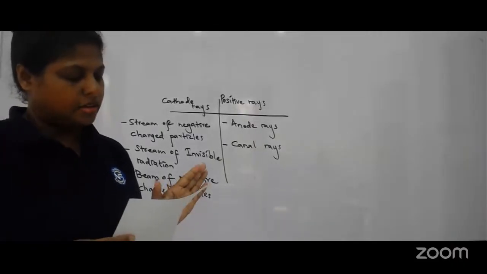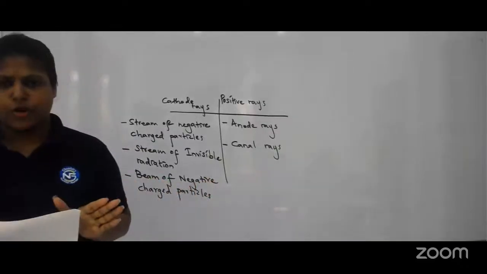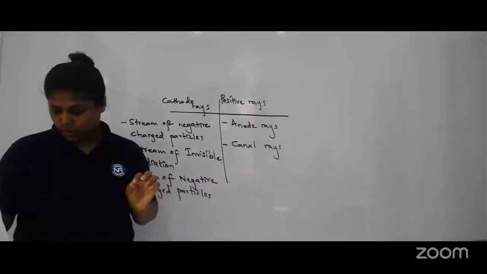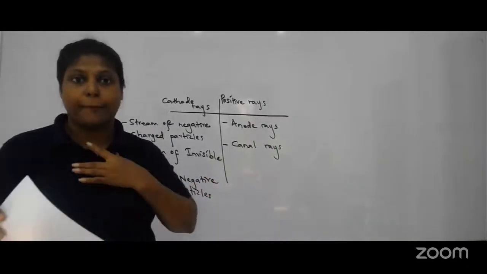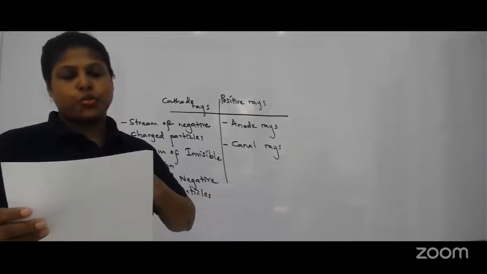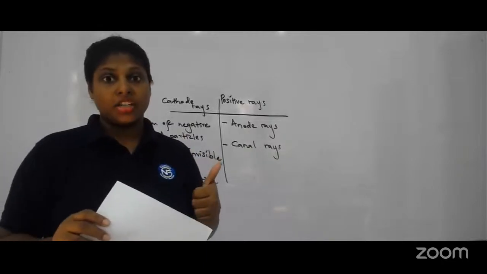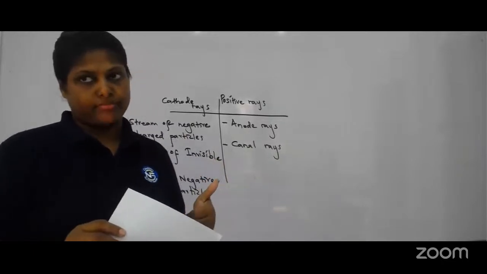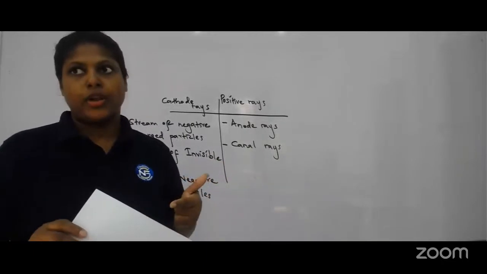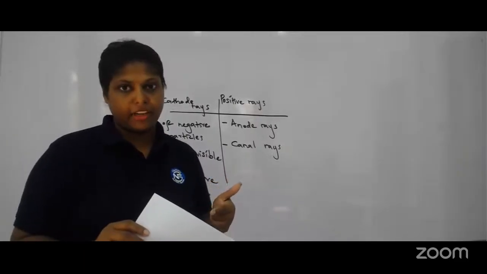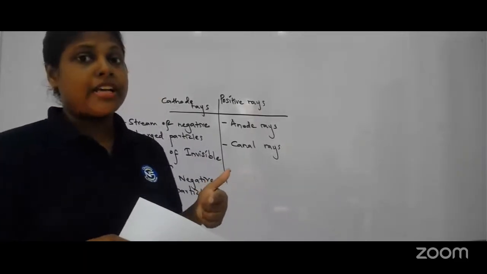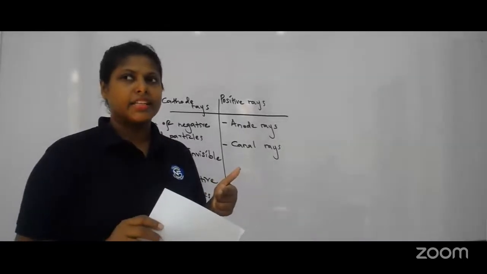Write 5 properties of anode rays. In this case also you need to write unique properties. The first one: it has no constant EM ratio. Second, when there is an external electric field, positive rays are deflected towards the negative terminal.